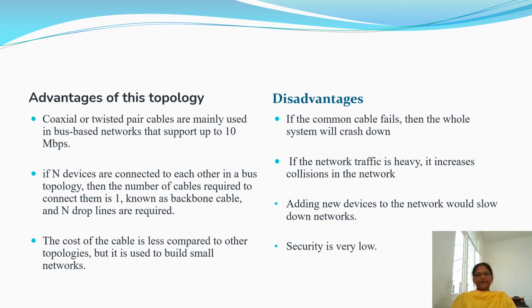CSMA/CD type collisions are possible, and adding new devices to the network will slow down the entire network. Security is also low when compared to other topologies, because we are using a common backbone line for connecting the devices, so collision is possible. So these are the disadvantages of bus topology.